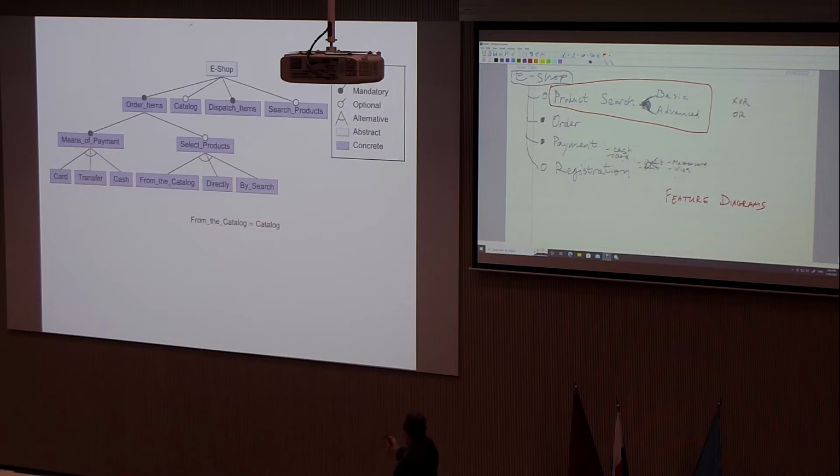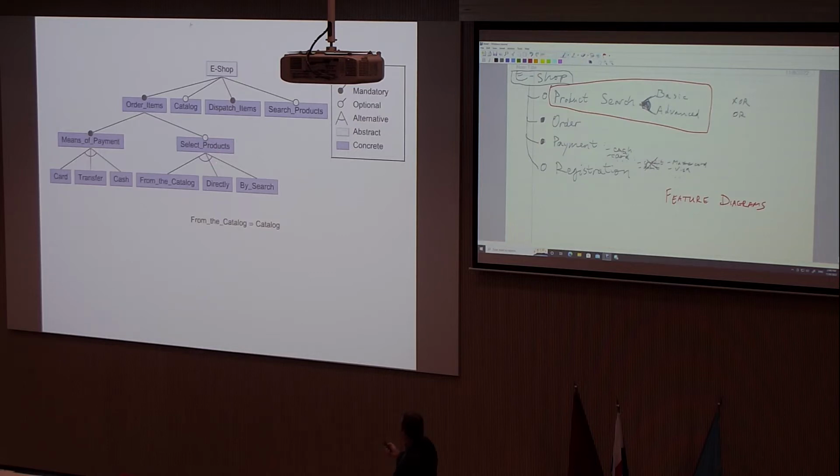So what we have here is also this catalog and this separate rule that defines an additional dependency that is not depicted in this diagram. So catalog. From the catalog is the feature displayed here. When you're ordering items, you have to support the select products feature.